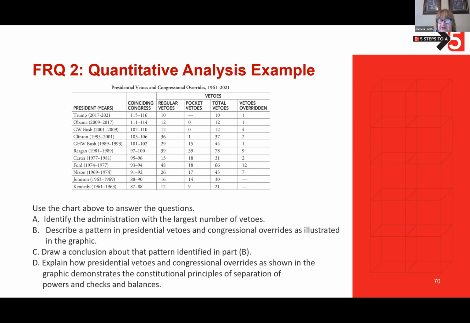Okay, why do you think that pattern is occurring? What's the conclusion? And then in part D, explain how presidential vetoes and congressional overrides, as shown in the graphic, demonstrate the constitutional principle of separation of powers and checks and balances. So how does this demonstrate those 2 basic constitutional principles?